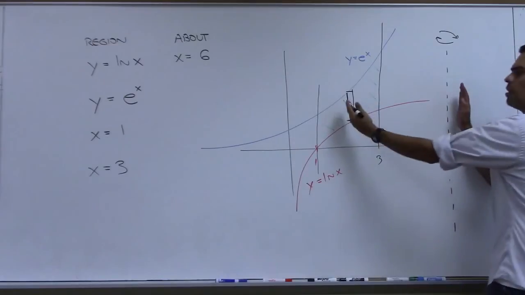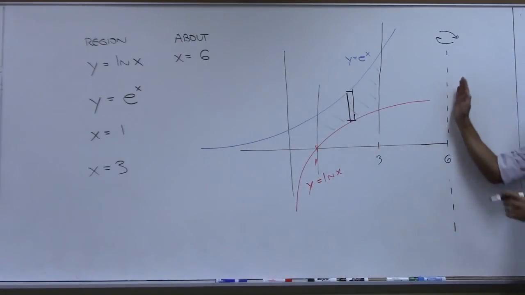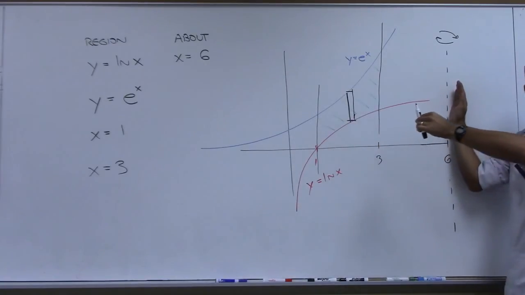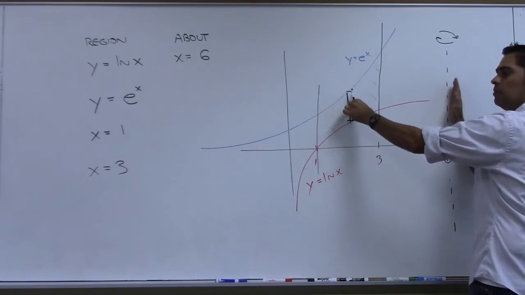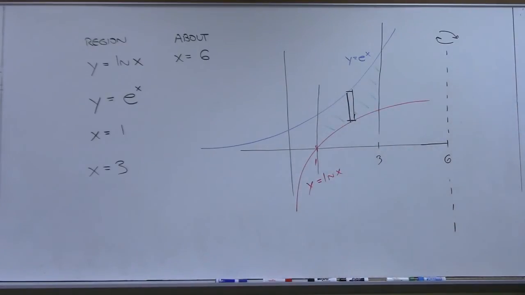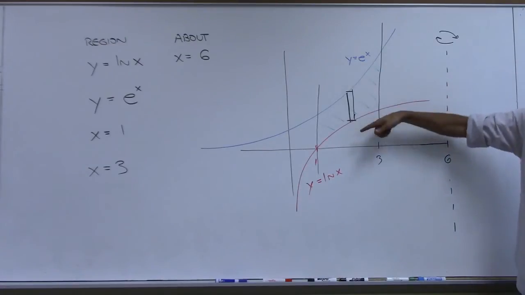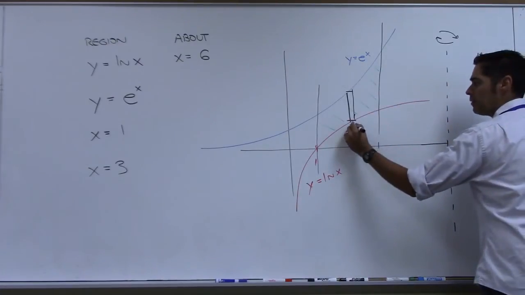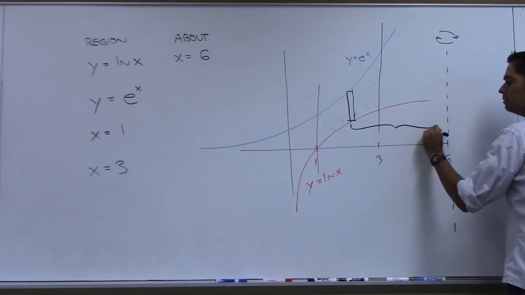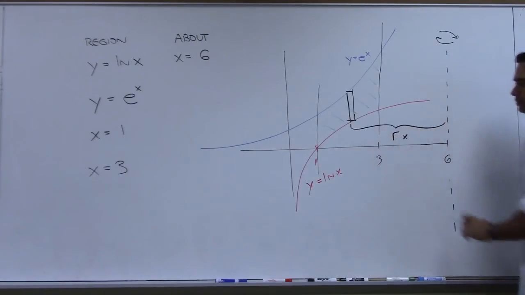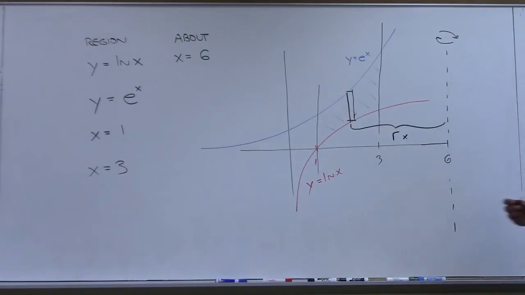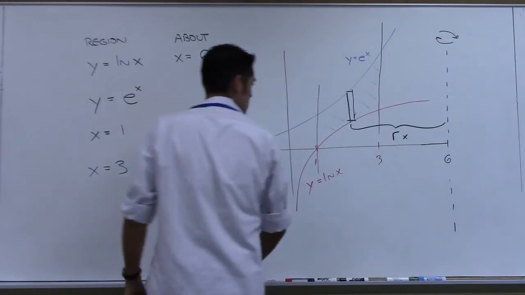That rectangle is going to rotate this way. It's parallel to the axis of rotation, which means I'm using shells. Shells is always parallel. I need to know a top and a bottom function, and I've got those. I need to know the distance from the rectangle to the axis of rotation, r of x, which would be what?